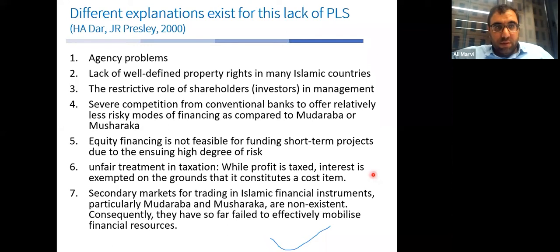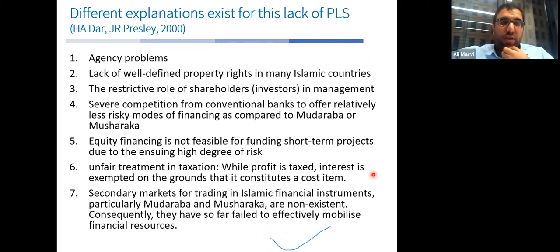Number 5 says that equity financing or PLS financing is not feasible for funding short-term projects due to the ensuing high degree of risk. One function of every bank, including Islamic banks, is to solve the problem of liquidity mismatch between depositors and borrowers, actually.